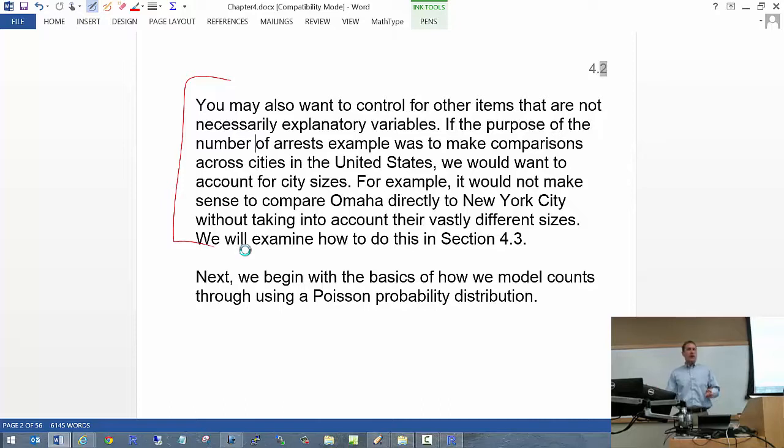Well, New York City is going to have more arrests than Omaha, probably just simply due to the fact that there are a lot more people living in New York City than in Omaha. And the number of people there is not necessarily an explanatory variable, but you want to control for it. And so we'll look at how you can control for it in a Poisson setting.